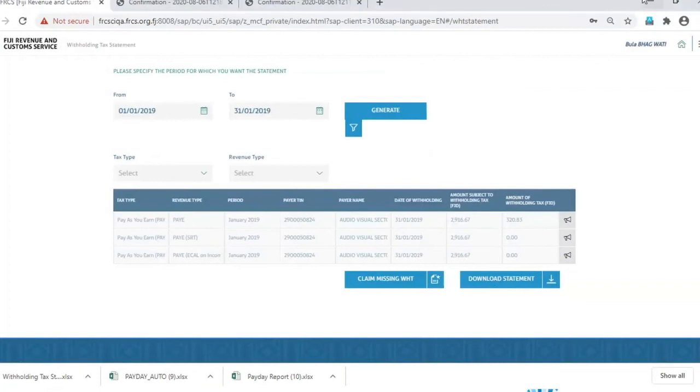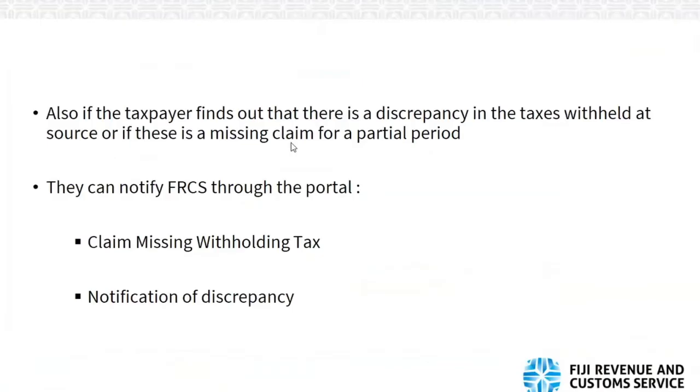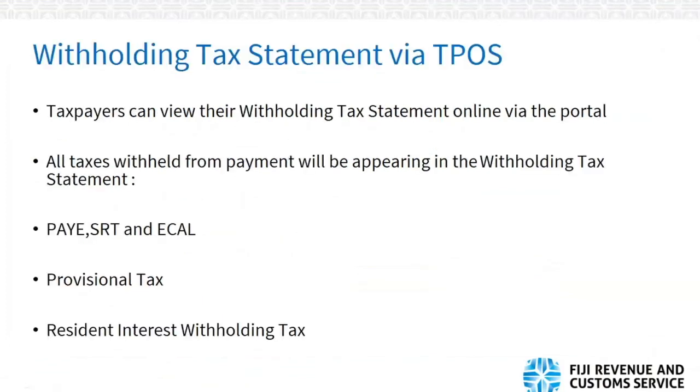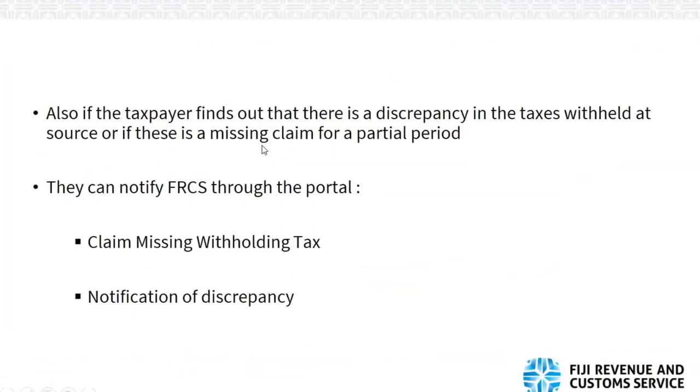Going ahead with the presentation. So we have seen how a taxpayer will be able to view the withholding tax statement on TPOS. Now, if the taxpayer finds out that there is a discrepancy between whatever was deducted from the pay and whatever they are viewing on the system in the withholding tax statement, they can always notify or advise FRCS of this discrepancy.